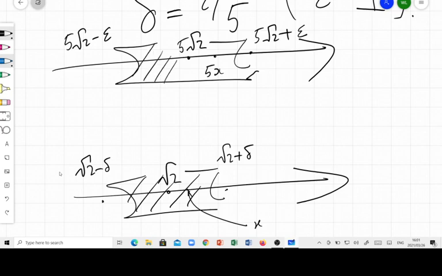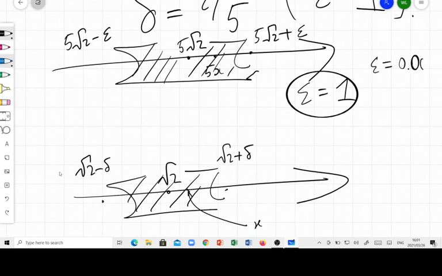So I want my 5x to be within a given epsilon, so think of the epsilon as a challenge. My epsilon is like some known number. In our previous example, it was 1, but it could even be a hard epsilon. It can be a tiny one, making it very difficult, like 0.0001.